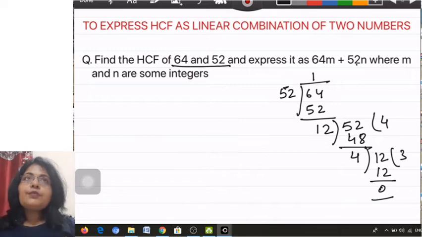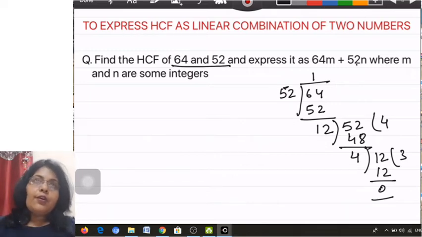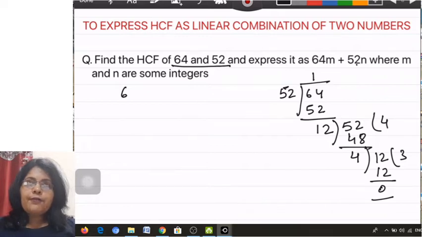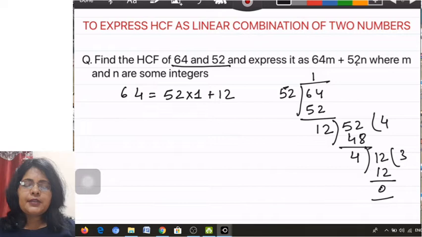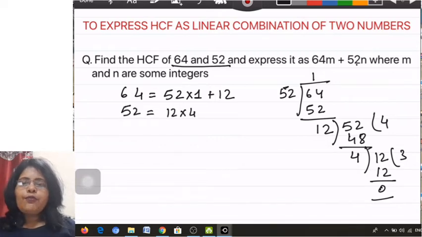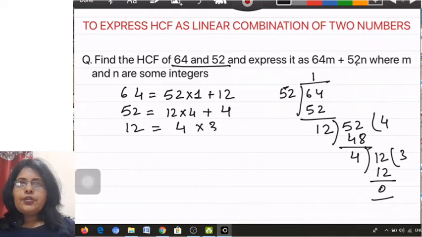Now according to Euclid division algorithm, what do we write? We simply write 64 equal to 52 into 1 plus 12, and our second step is 52 equal to 12 into 4 plus 4, and the last step is 12 equal to 4 into 3 plus 0.